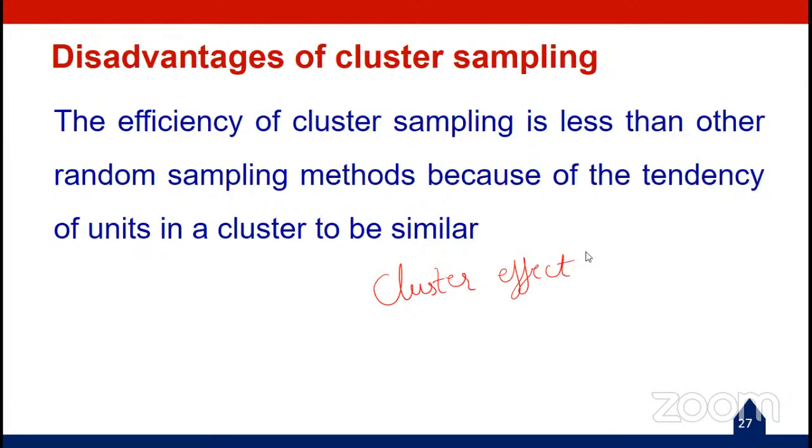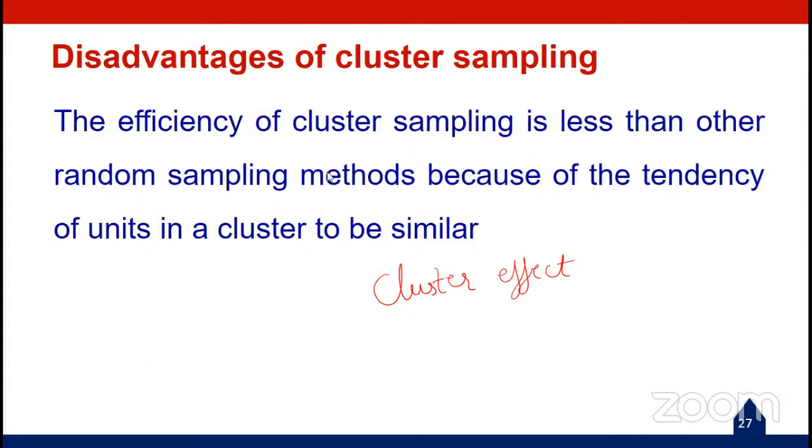After you collect the data and perform the analysis, the variability will be less. This might lead to false significance. We might tend to present significant results even though there might not be any statistically significant difference. So to prevent this, what we do is we increase the sample size if there is cluster sampling.